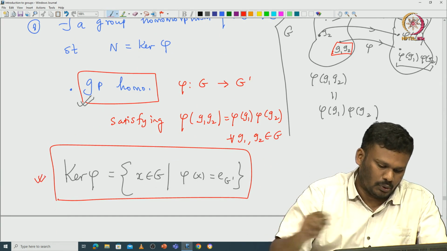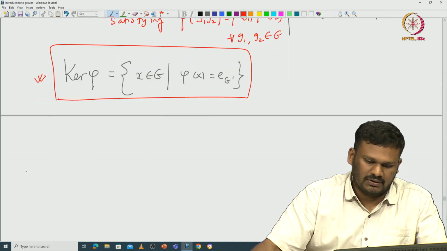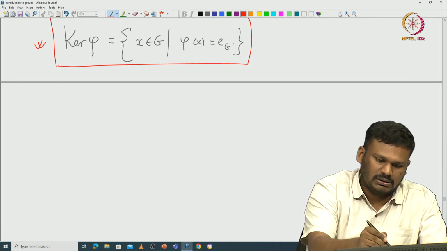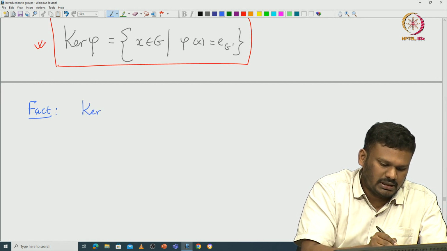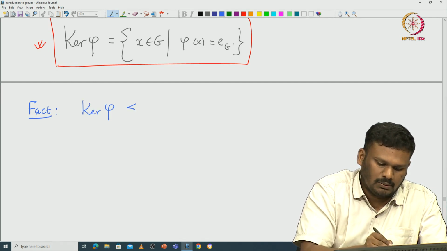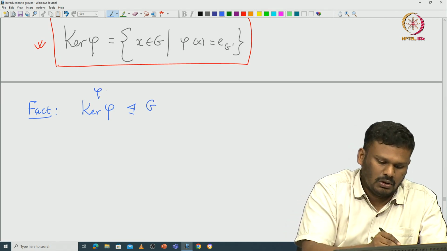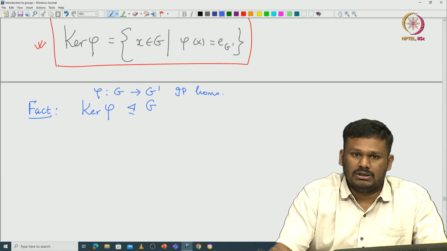Before getting into the characterization of normal subgroups, let me spend a little time explaining some properties of this group homomorphism and the kernel, which is very important. The very first fact that I would like to prove is that the kernel is indeed a normal subgroup inside G. You have a group homomorphism from capital G to G dash.